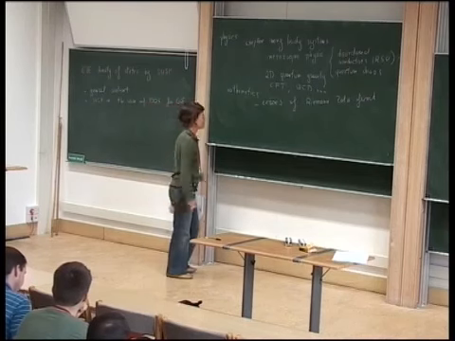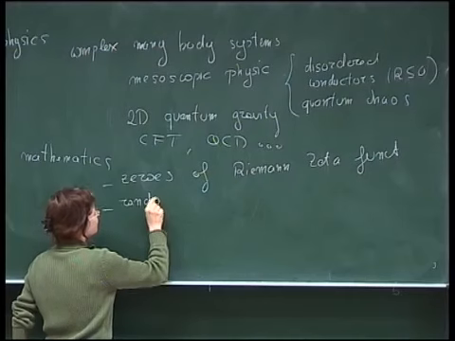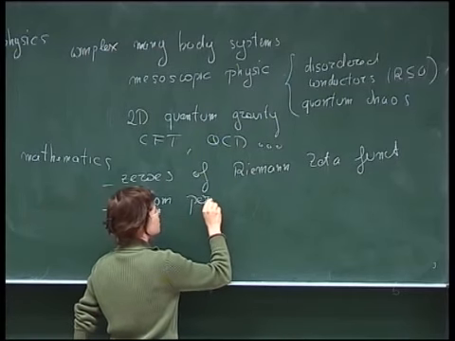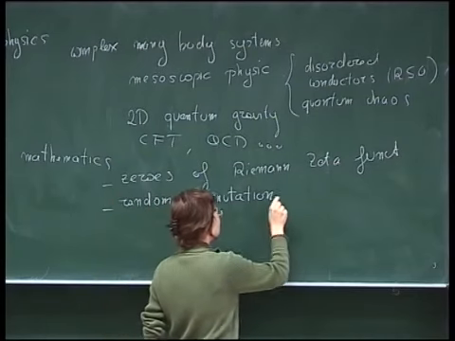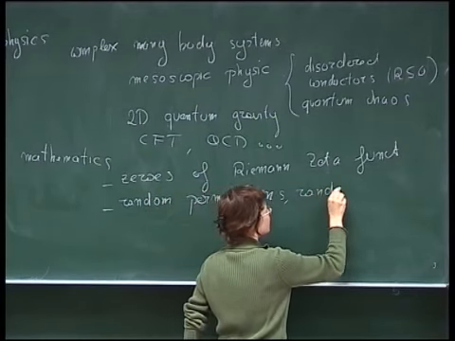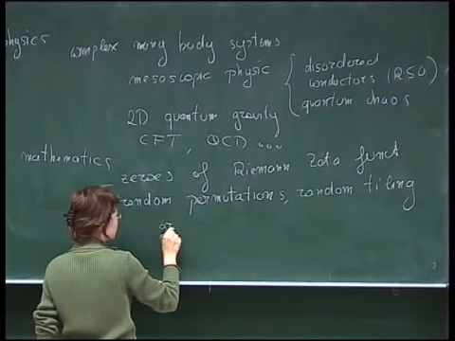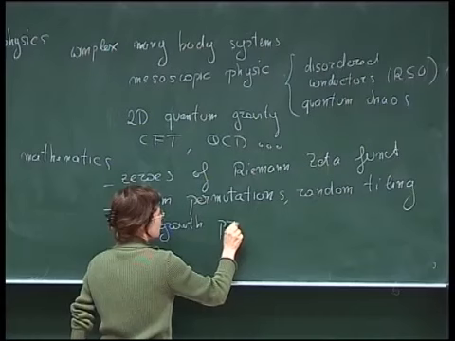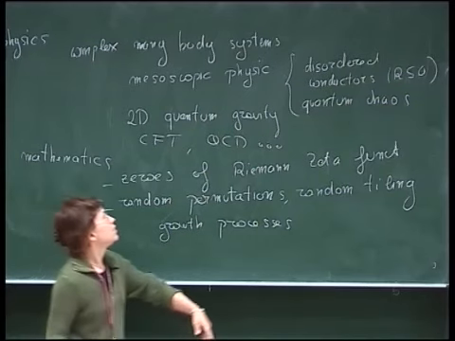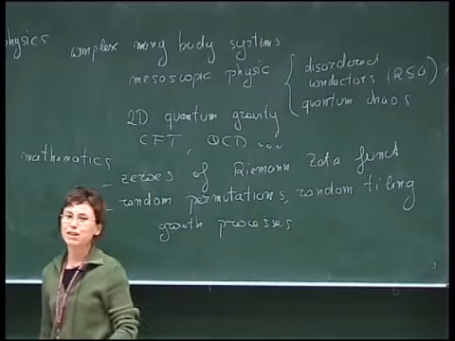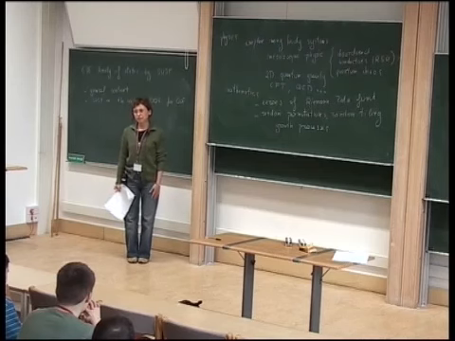There is no explanation for that, but that's how it is. And then the study of random permutations, random tiling, growth processes, and so on. So this is just to say that the applications in mesoscopic physics, and so random Schrödinger, are just a part of a huge number of applications for random matrices.